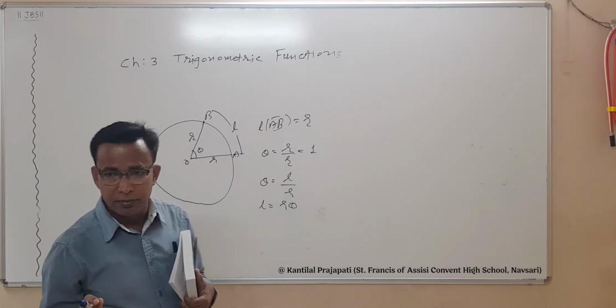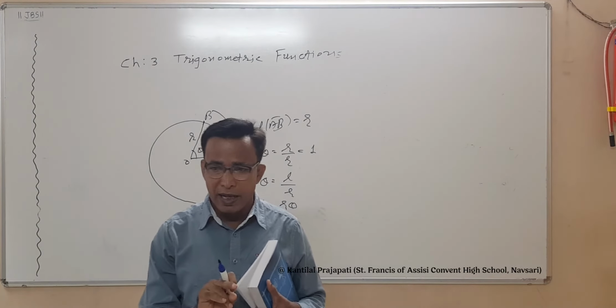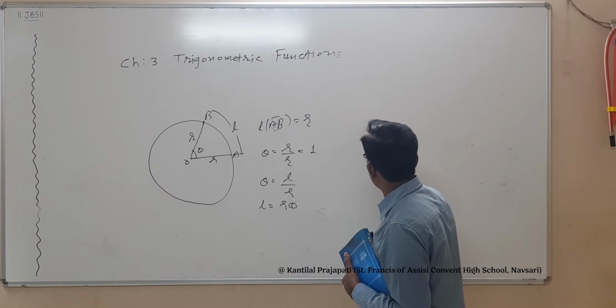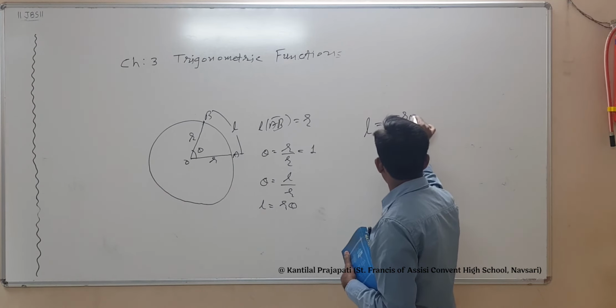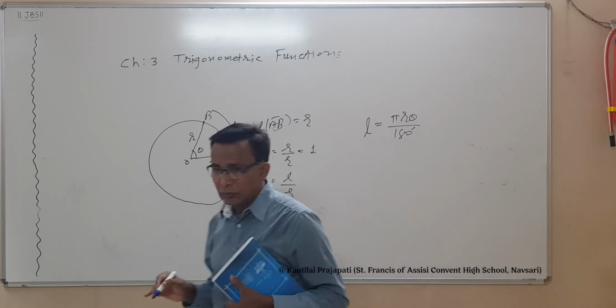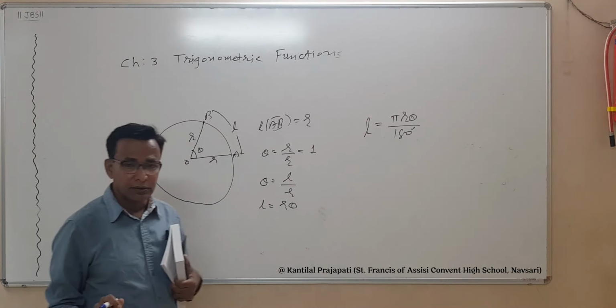Now we have also learned this in SSC. The length of arc formula we also obtained like this: length of arc L is equal to pi r theta upon 180 degree.